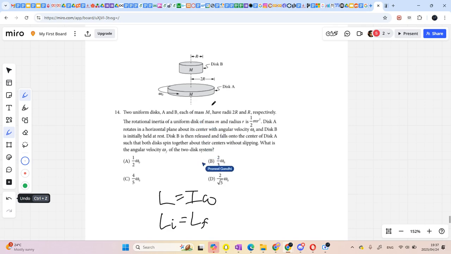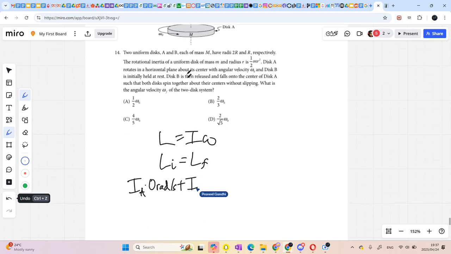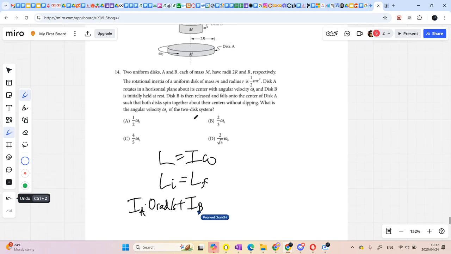So I_A times 0 radians per second plus I_B... oh, sorry, I switched that around.